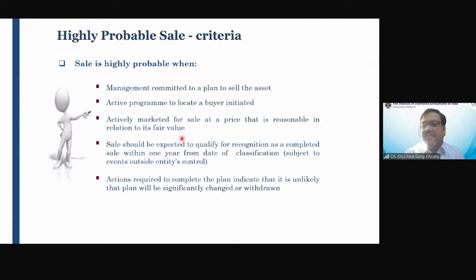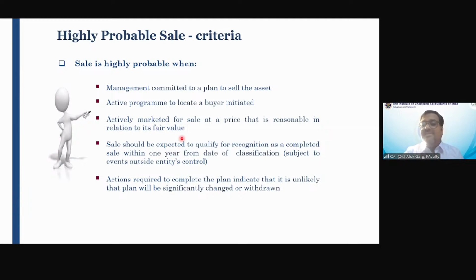So you have seen that whatever we commit to, we do not withdraw from our commitment. Number 2, we want to sell this factory and we have already started relocating to the new factory. Then why would we change our plan? So the fifth question was whether it is likely that your plan will be changed. The finance manager is saying no, it is unlikely that our plan will change.